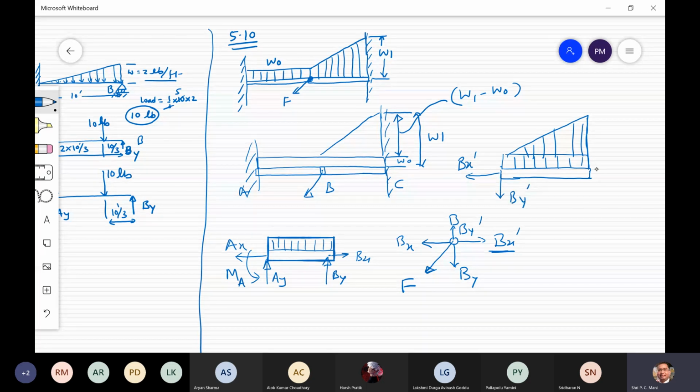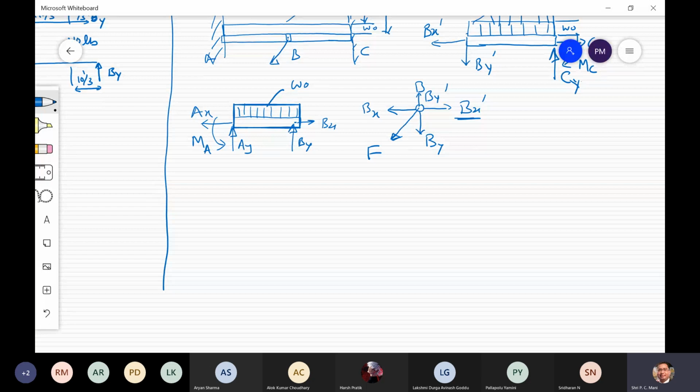Now here, say this one is C, so Cy, Cx, and M at C, clear? So this will be the free body diagram when you are using the distributive force system. You have to place this W1 minus W0, and this one is W0, and this one is W0.